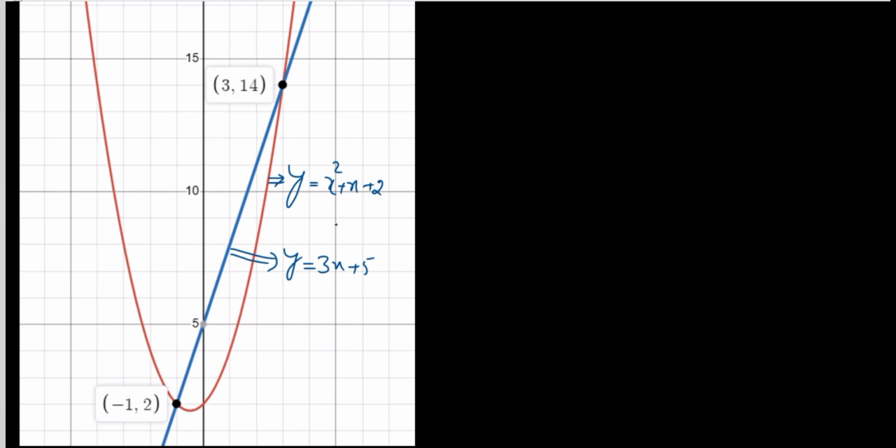From the graph you can see that both line and curve intersect each other at this point whose coordinates are 3, 14, and again at this point whose coordinates are minus 1 comma 2. Although there are infinite points that lie on both curve and line, we do not need to find these points here. We just need to find the points of intersection.